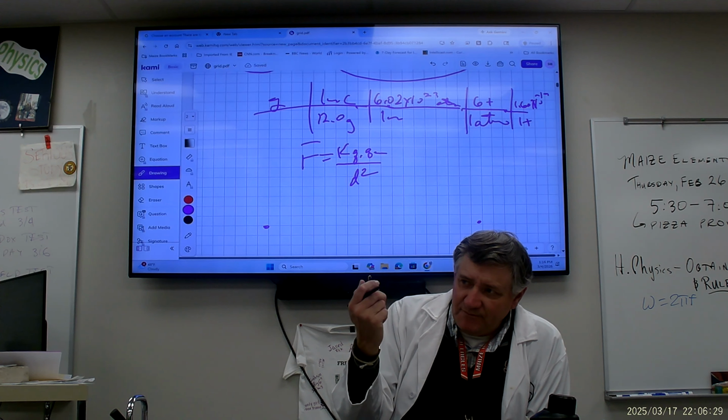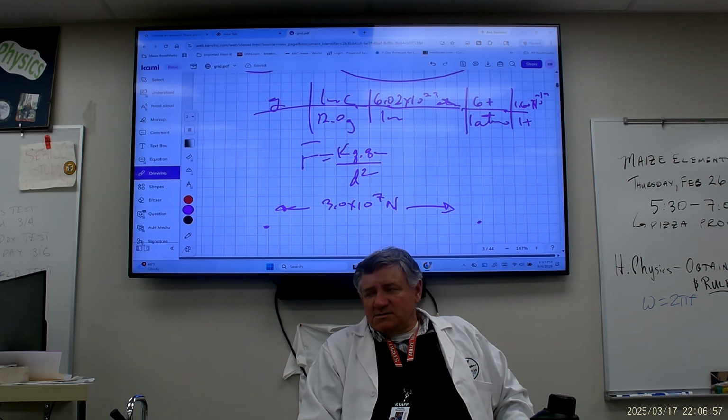So here's the question. Here are these 2, 1 meter apart. You have a force between these 2 of 3.0 times 10 to the 7th newtons. Now, if I exert a 10 newton force on a 1 kilogram mass, what's the acceleration?